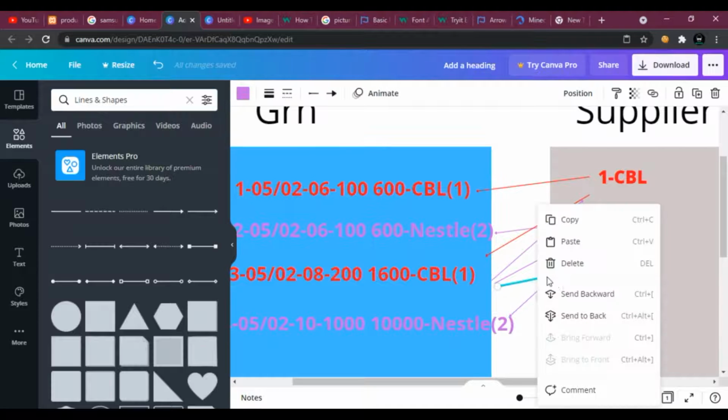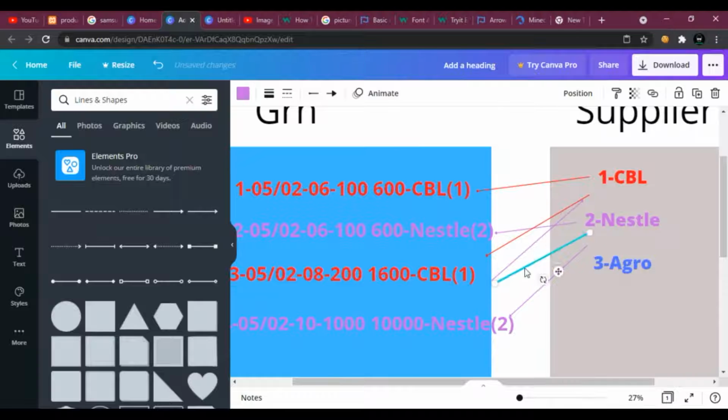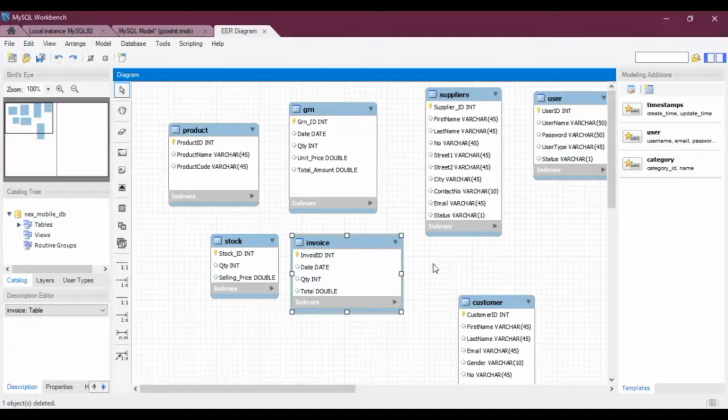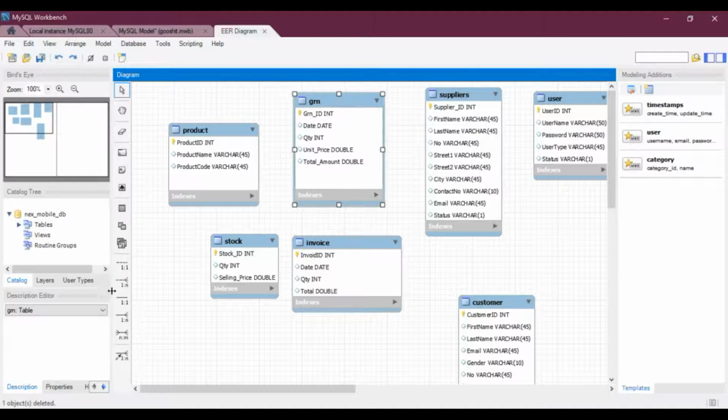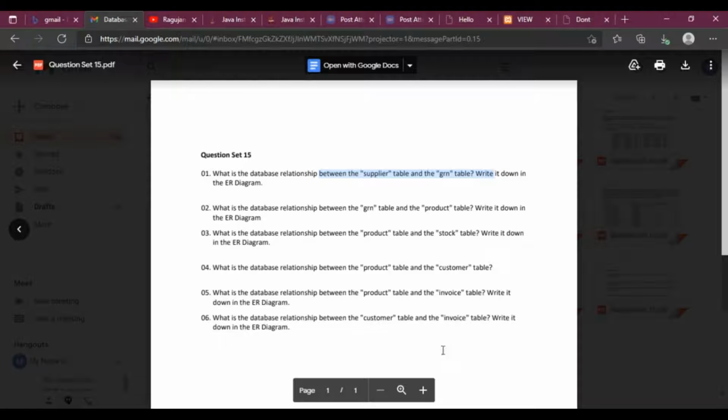So this is a one-to-many relationship. Let's create the relationship here. One supplier can have multiple records, so it is a one-to-many relationship. So we figured it out. Let's move on to the second one.